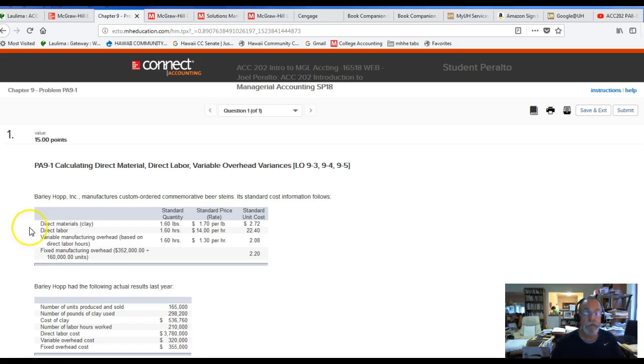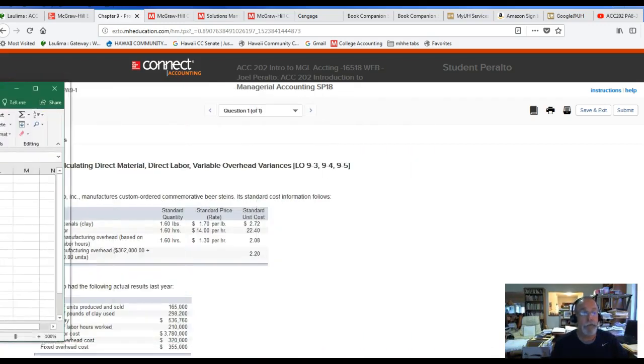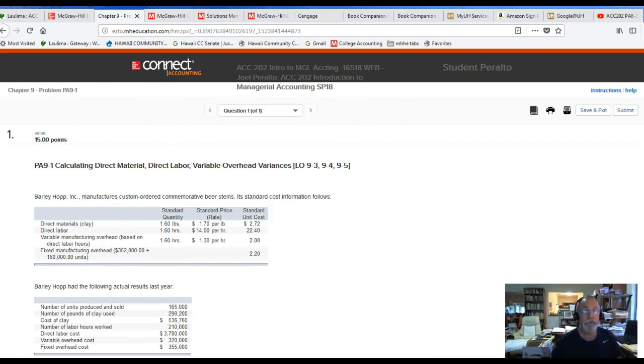So with that said, let's take a look at problem P A 9-1. And as I have in the past, I'll try to record the calculations on an Excel spreadsheet.